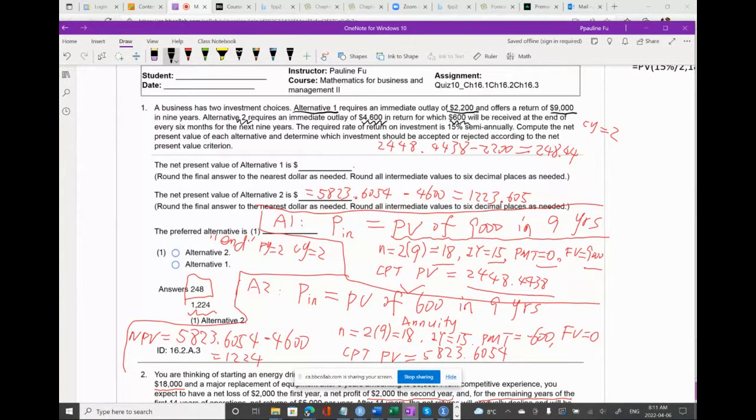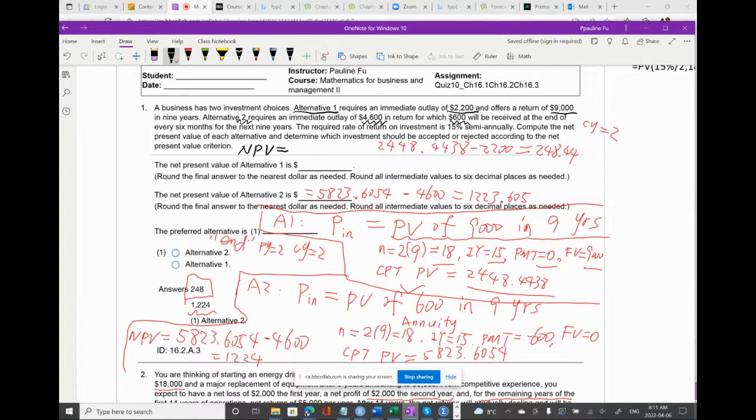So which alternative are you going to choose based on net present value, NPV?